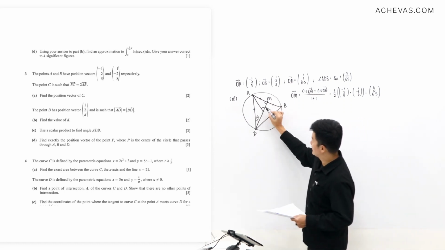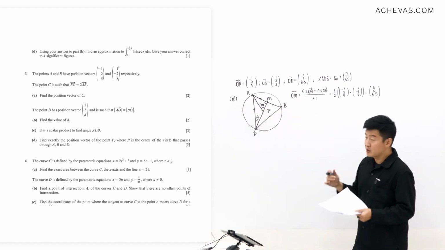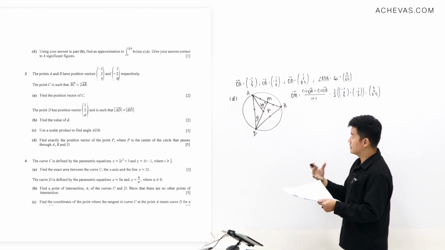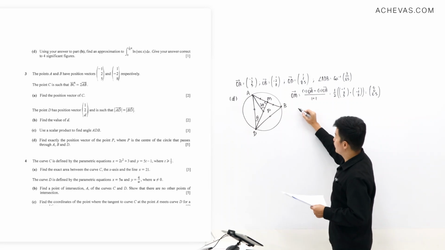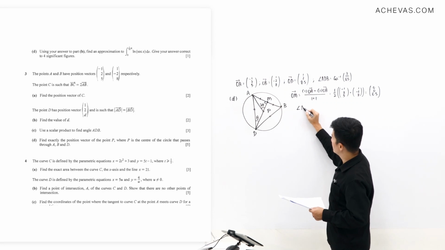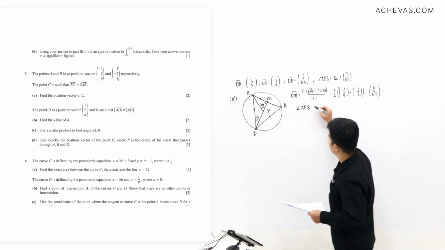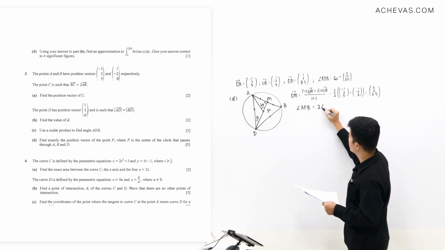In fact, we know that this angle here is 2 theta. Okay, because we know about the properties of circles and properties of triangle that is within the circle from our secondary school. From what we have learned in secondary school, this angle APB is going to be equal to 2 times angle ADB.